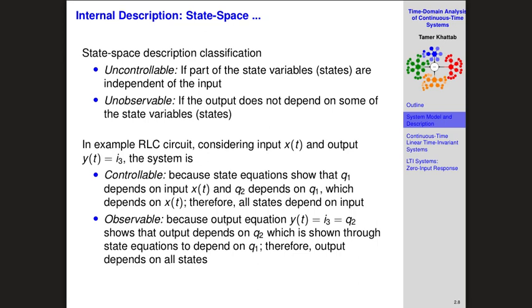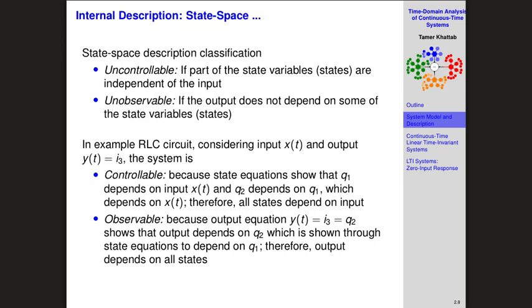The second shows a relation between Q2 and Q1. But since Q1 is already a function of the input, when you change the input, Q1 changes. And since Q2 is a function of Q1, it's also going to change, which means that this system is fully controllable. Both states are affected by any changes in the input.